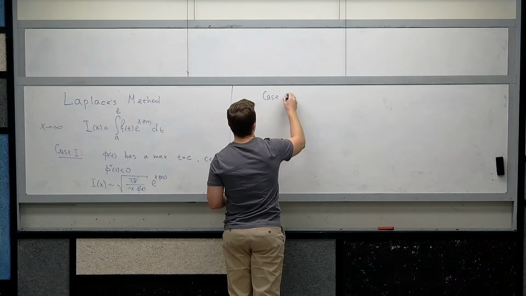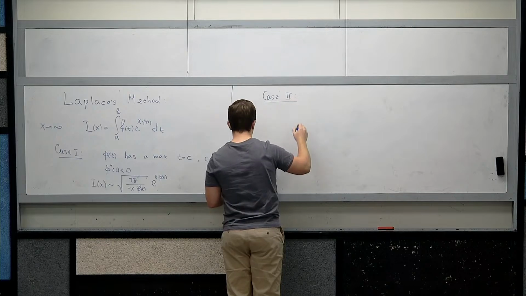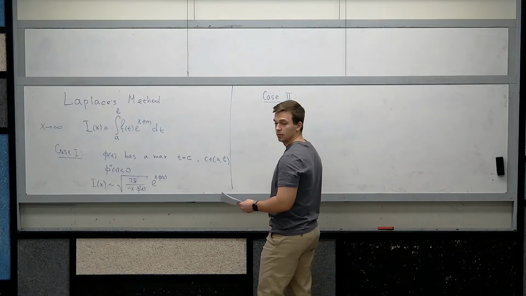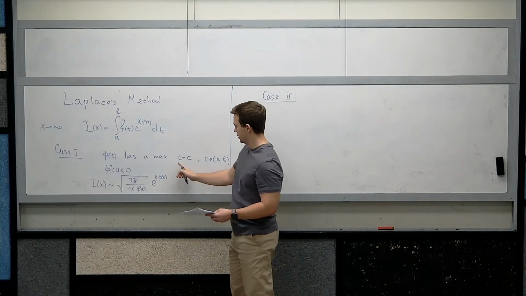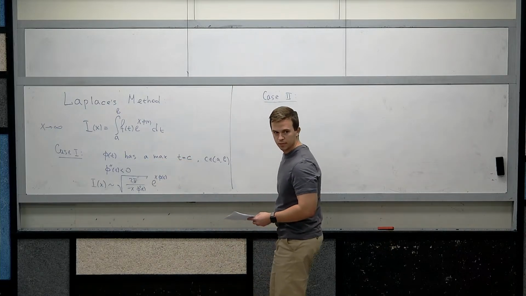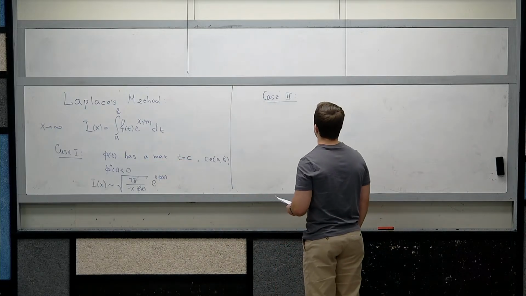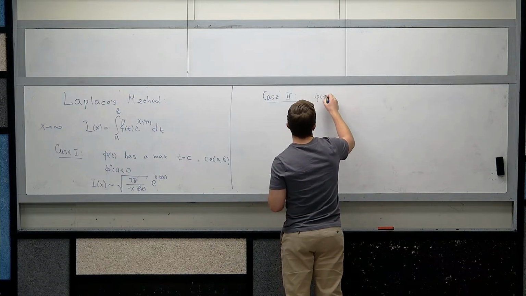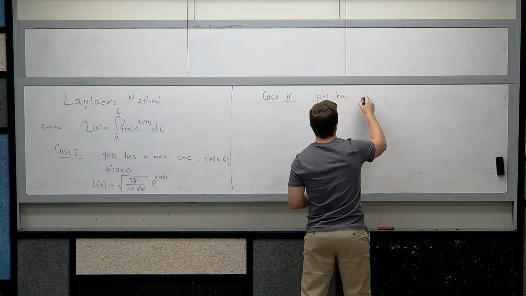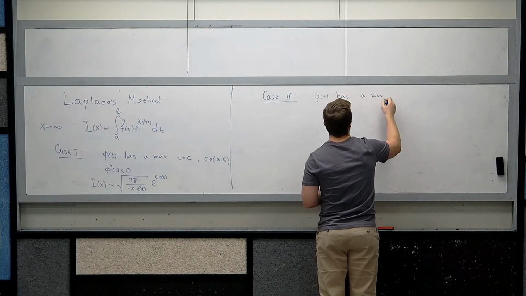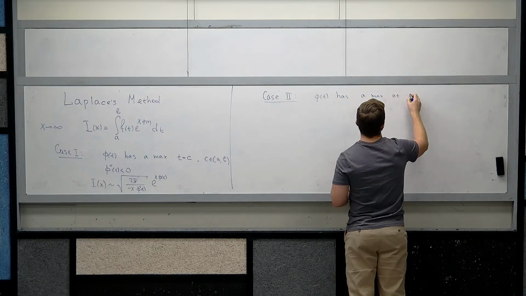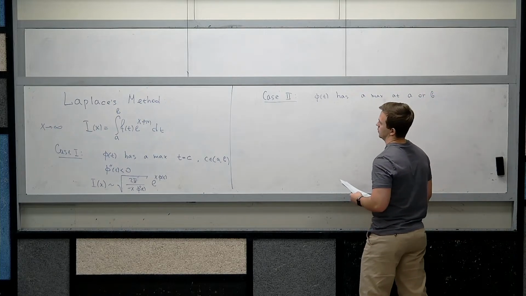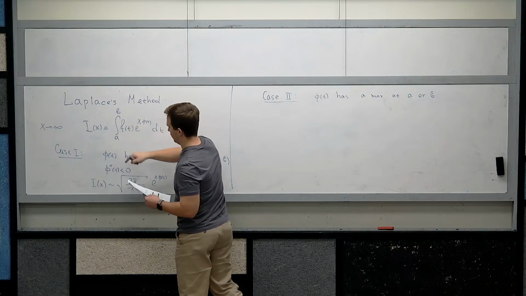The second case is when the function phi, phi of c where c is the maximum point. So case 2 is when phi of t has a maximum at point A or B, at the endpoints.